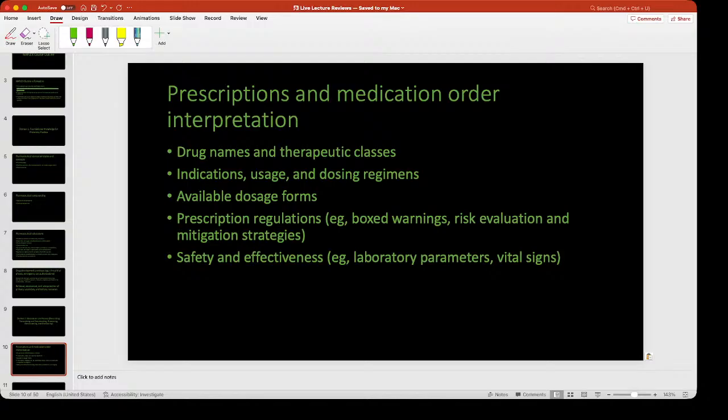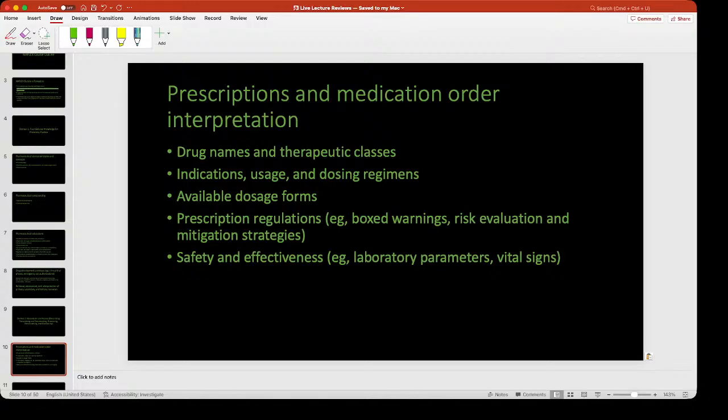Also, one other thing is understanding the boxed warnings. Certain medications have boxed warnings, like REMS drugs and things like that.